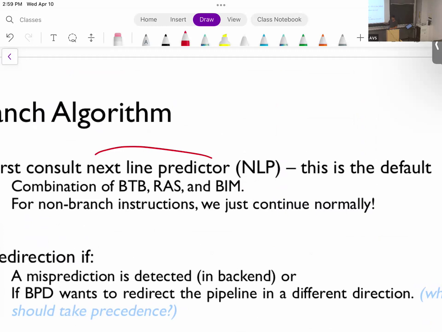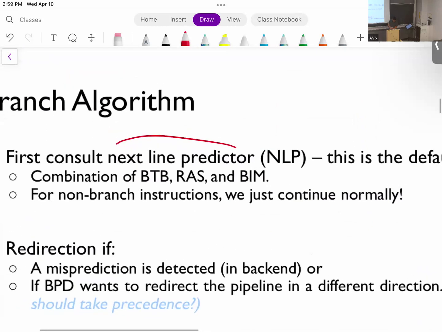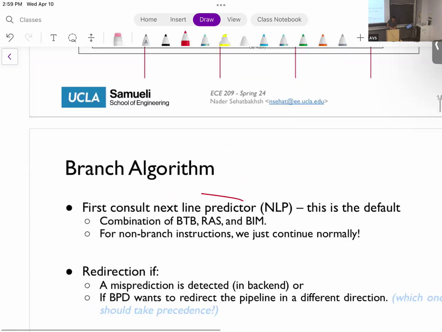It's not the famous NLP; this is computer architecture NLP. Think about it as a combination of just the history of addresses, a RAS, and a bimodal table. And then for non-branch instructions, of course, you don't need to do anything.